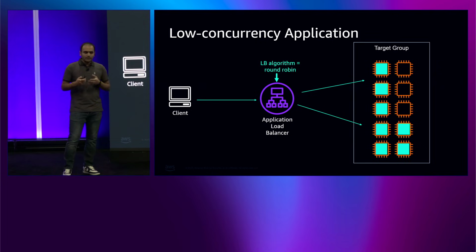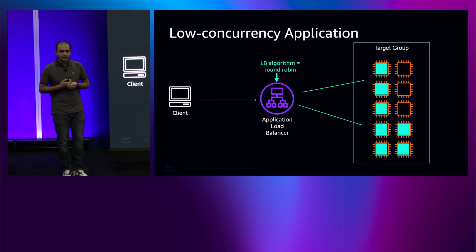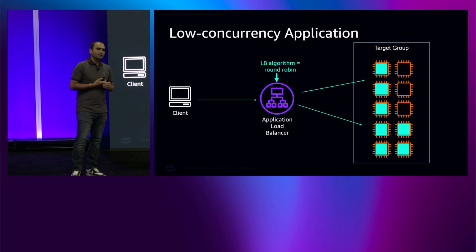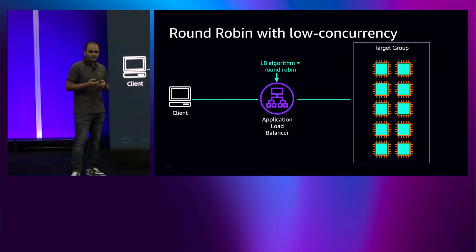When we are operating in this low concurrency world, that is where we begin to see traditional load balancing with its pre-configured algorithms start to fall short of delivering the outcomes that we would want from a load balancer. We'll see how in the next slide.